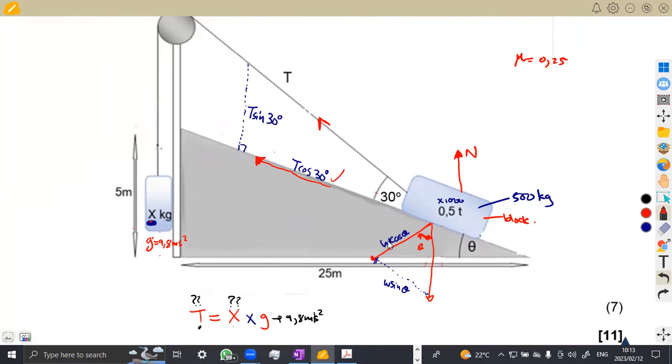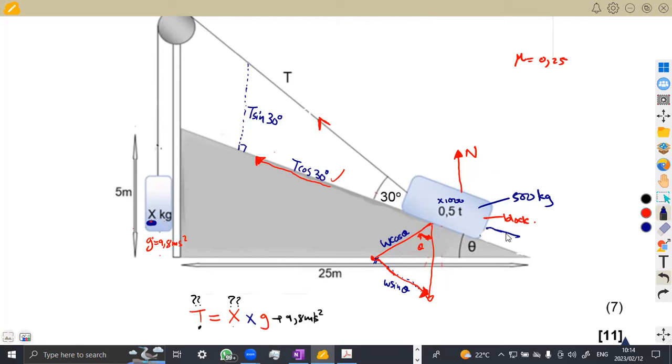That is the only part for now that we can talk about, because the W sine is supposed to have our direction in this manner. That is our W sine going to the right. All right. Then when there is a tension T here, which is going to give us T cos 30, it's going to be opposed in the other direction.